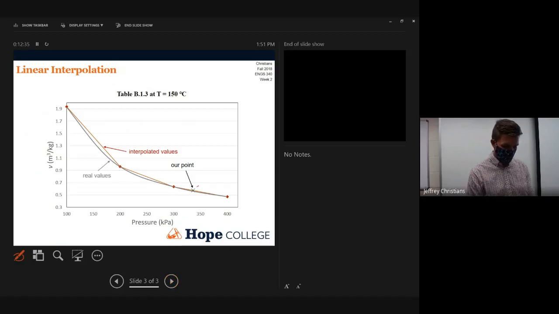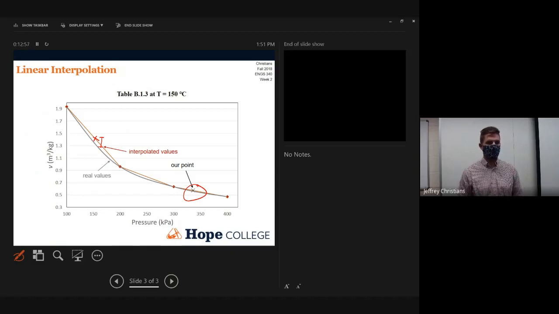Sometimes, like over here, the interpolated value and the real value might be really close together. If we were somewhere over here, there's a difference of a fair amount between the interpolated value and the real value.